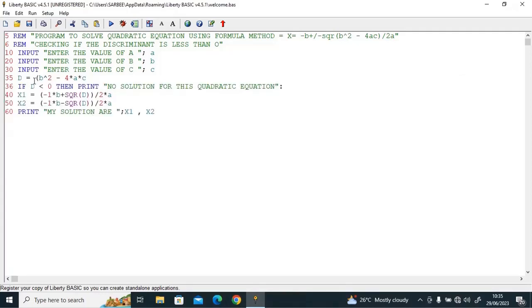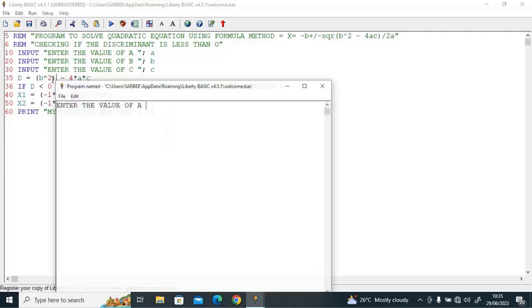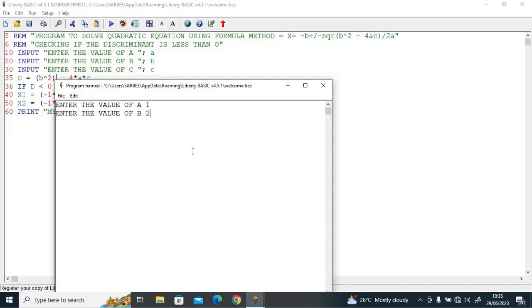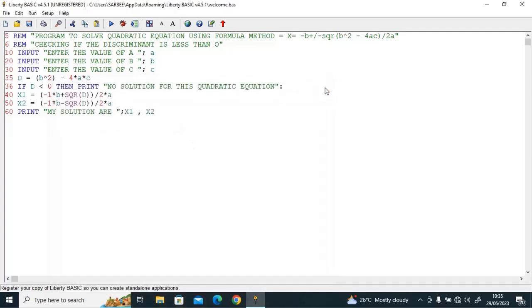This means the solution is wrong. This thing is not giving what I want. B is 2. 2 times 2 is 4. 2 to the power 2 is 4. Wow, something is wrong with this thing. If d is less than 0, it means 0 is less than 0, then it should print no solution for this equation.